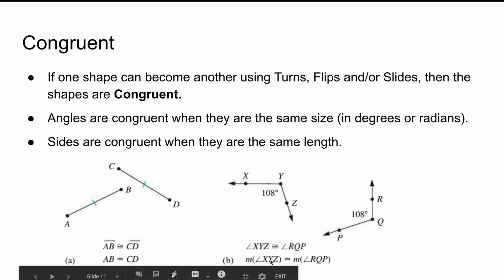But the measure of an angle is about the numbers, so they are equal. Does it make sense? When you have the segment notation, we're talking about the shape, so shapes are congruent, but the size and length have to be equal. Same here. So remember to use correct notation.